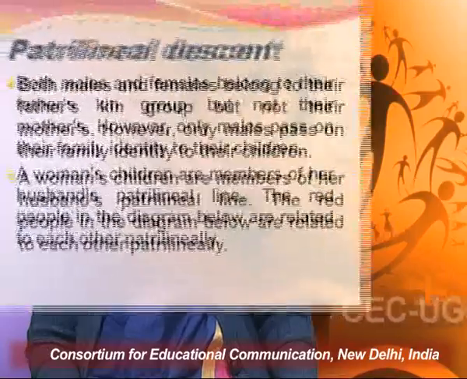So, in Hindi we have this idea of karta, or the idea of coparcenary, that is, all male members by default have ownership in the father's property, based on a patrilineal line of descent. Women and children are members of the husband's patrilineal line.